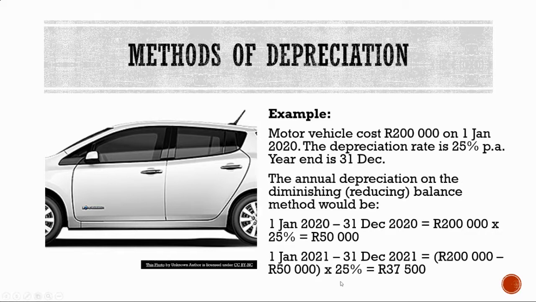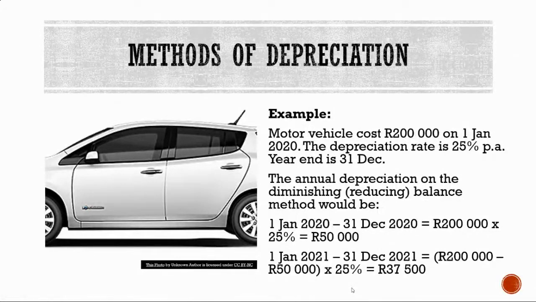So we take the 200,000 less the 50,000, which gives us a carrying amount of 150,000. We multiply that with 25%. So now the depreciation for that year based on this method is only 37,500 instead of the 50,000 based on the straight line method.